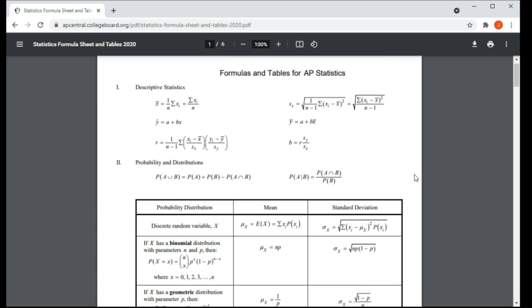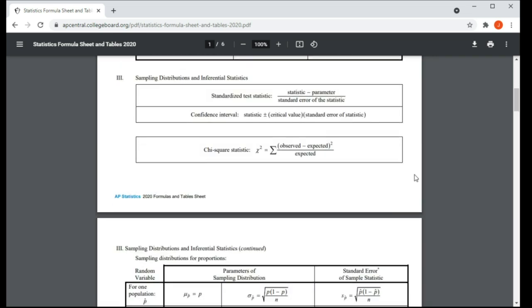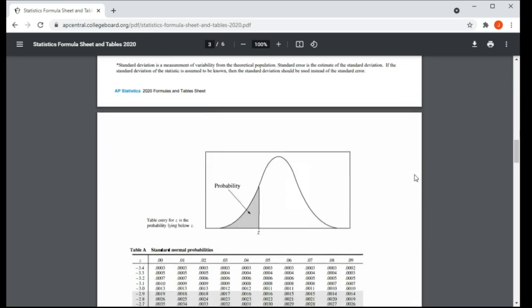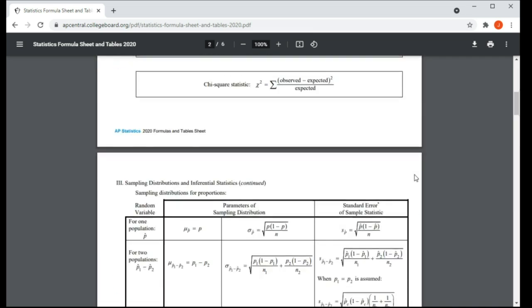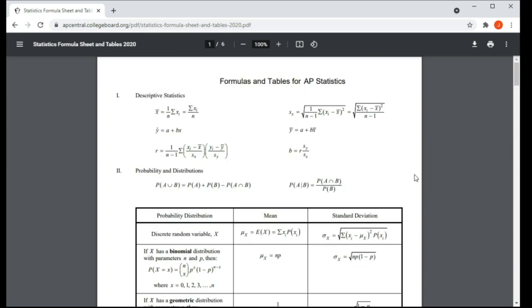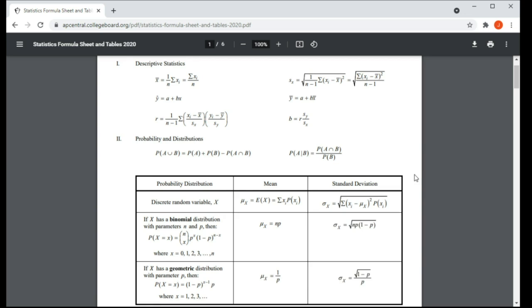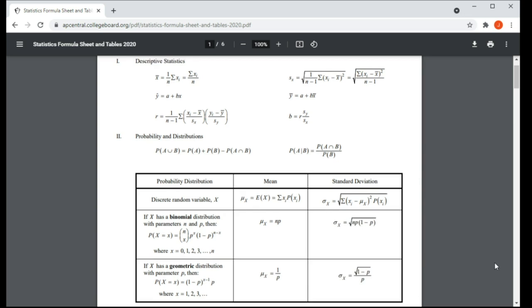You have these different sections here for formulas and things like that. And then you have your Z-score, T-score tables towards the end. Okay, so we're going to break it up into sections and look at those different things. So the first section we have is for descriptive statistics and regression.